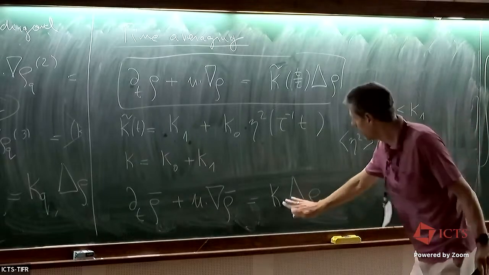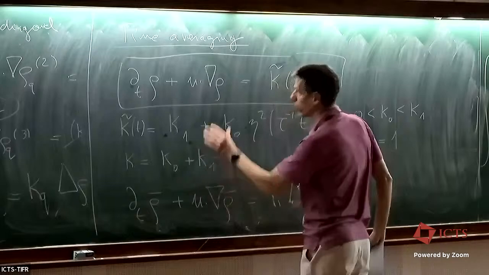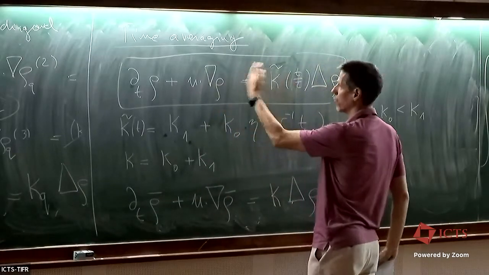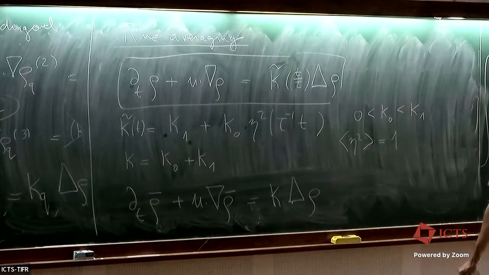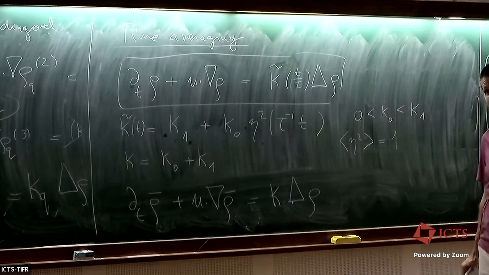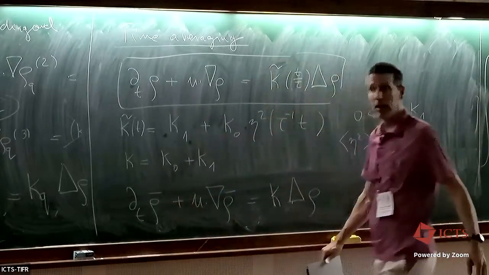I want to say that the leading order term in the dynamics of this equation for the rho is this rho bar. That's what I mean by comparing the two equations. I want to get an L2 bound on the difference of rho and rho bar.